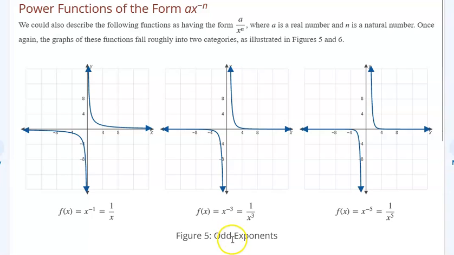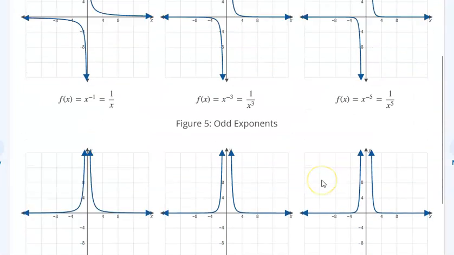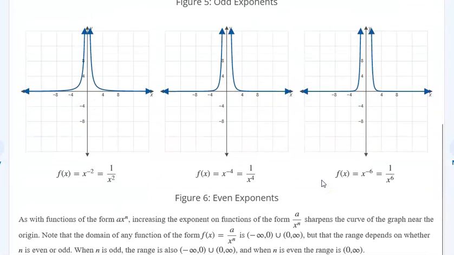And the key here, these would be odd exponents. Now, moving on, if they are even exponents, pause for a moment and reflect on what's going on here. Well, first of all, they're above the x-axis.